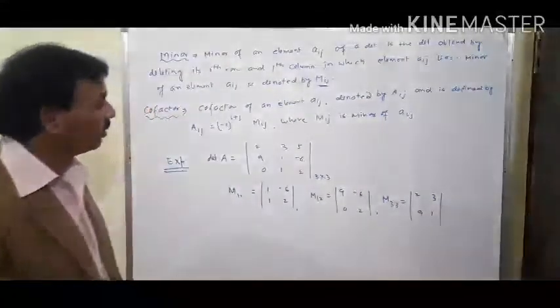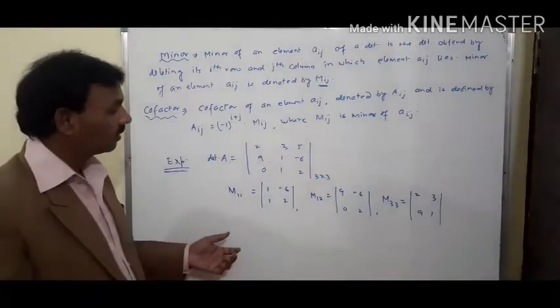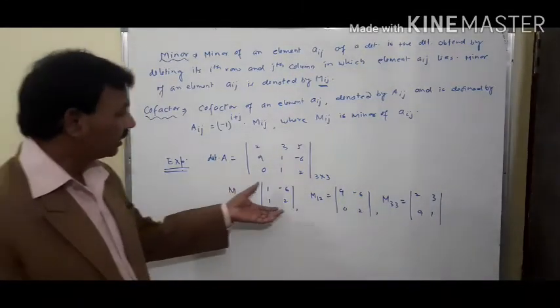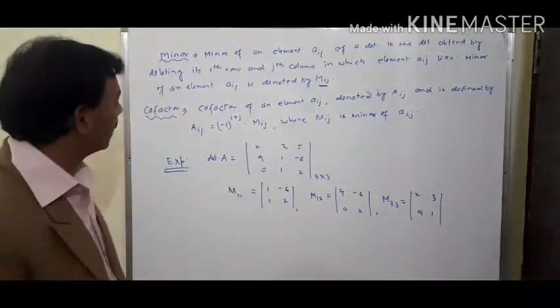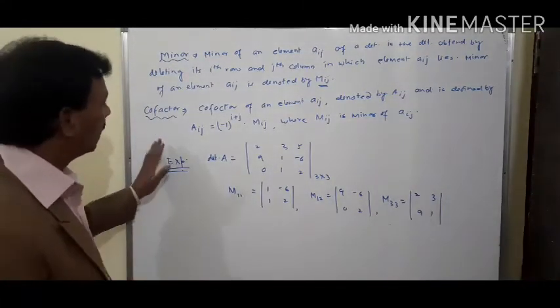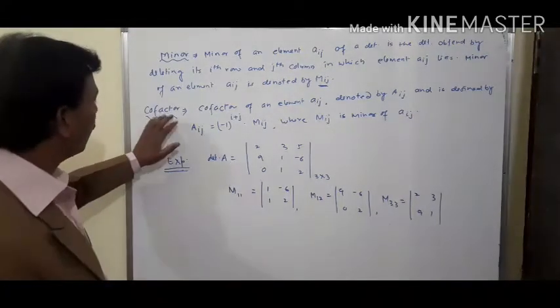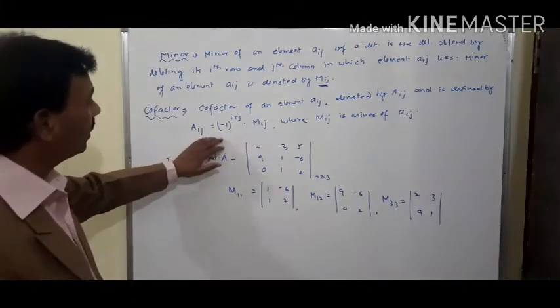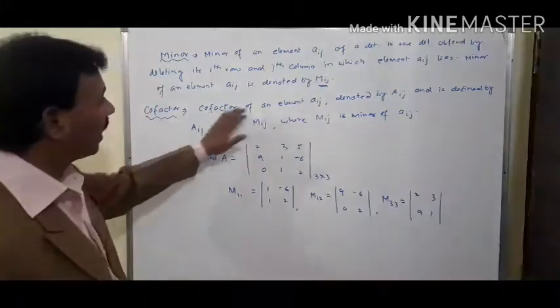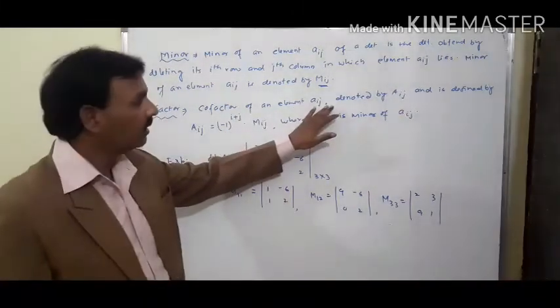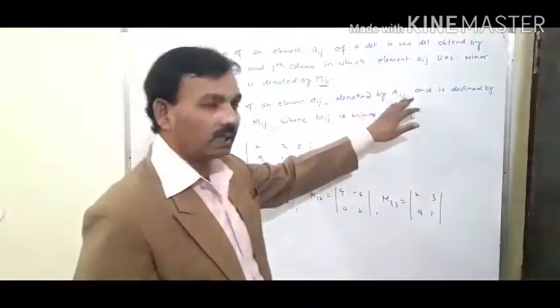Now you can understand the minor by this example. Now the second topic related to this is the cofactor. What is the cofactor? The cofactor of an element aij is denoted by capital Aij.